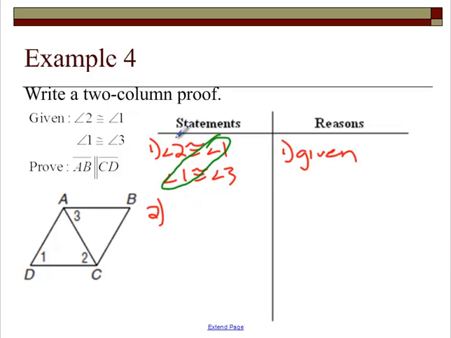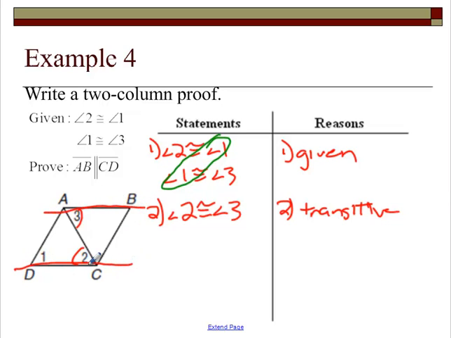Alright, so since angle 2 is congruent to 1, 1 is congruent to 3, we can say angle 2 is congruent to angle 3 because of transitive property again. Since those are congruent, we're trying to prove that this line here and this line here are parallel. I want to look at just this line.